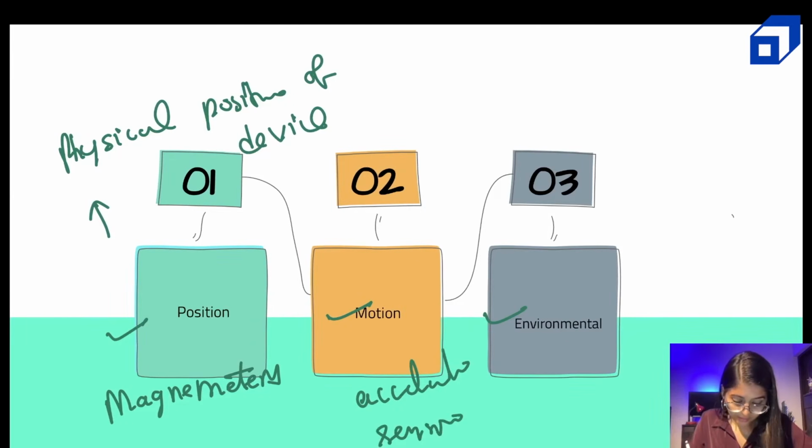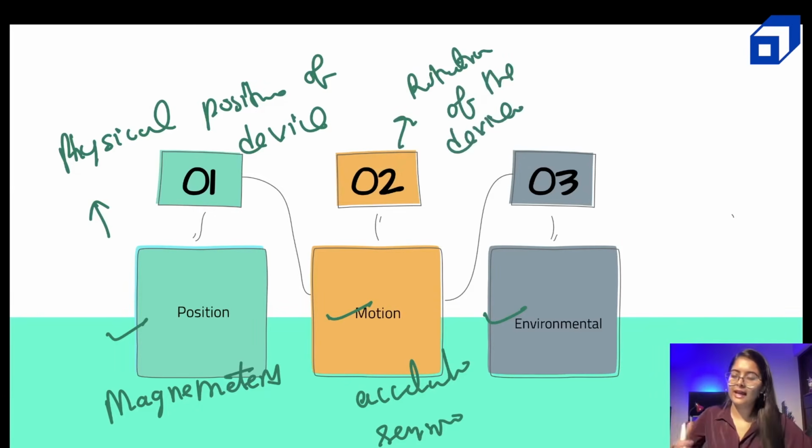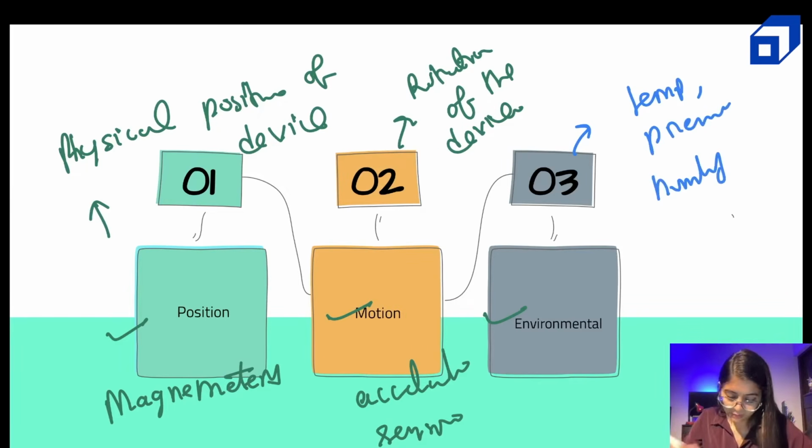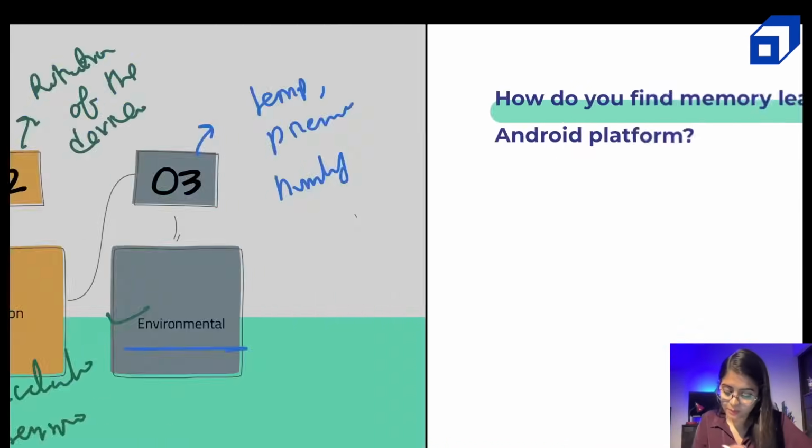That means they measure the rotation of the device or the acceleration and parameters related to it. And talking about the environmental sensor, it includes sensors that measure temperature, pressure, humidity, and other environmental factors. There are multiple environmental factors, so the environmental sensor is used to measure such parameters.